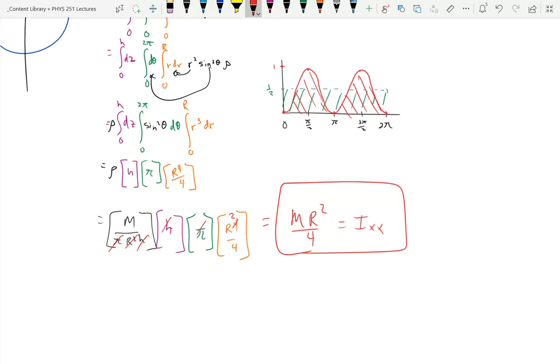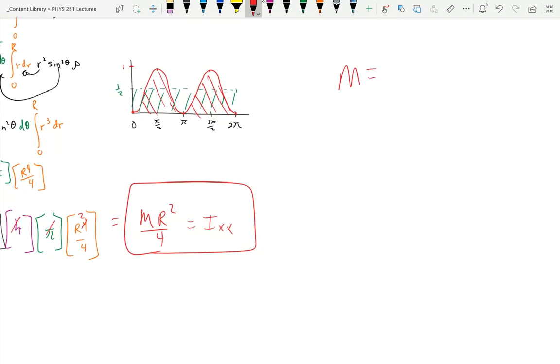You would also have to actually calculate the mass, because density is mass over volume. If that's varying, then mass is the integral of density dV. So you would also have to integrate the density over your volume to get the mass. Density is mass per unit volume, and up to this point, we've been saying if the density is constant, boom.